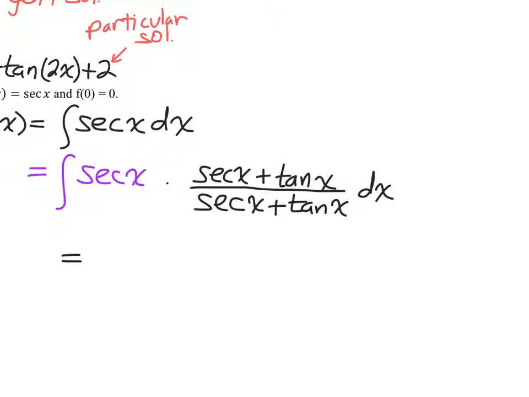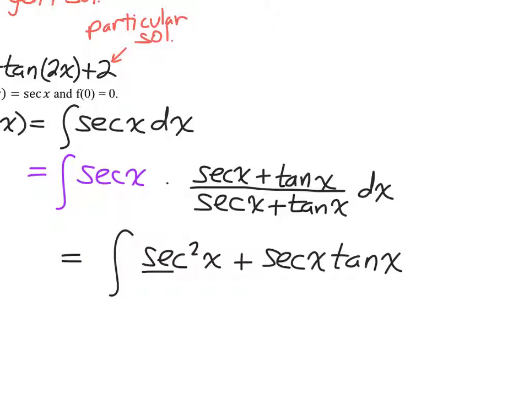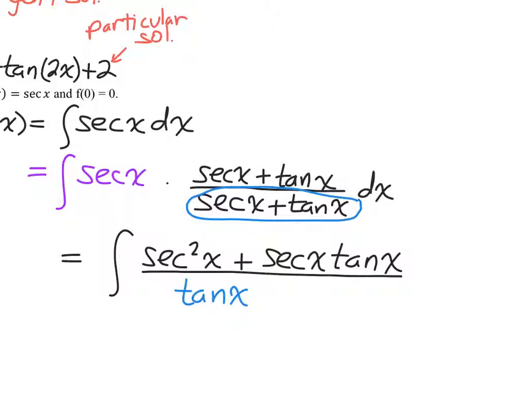Then distribute it through to get secant squared x plus secant x tan x over, and I'm going to write the denominator in the reverse order, tan x plus secant x dx.